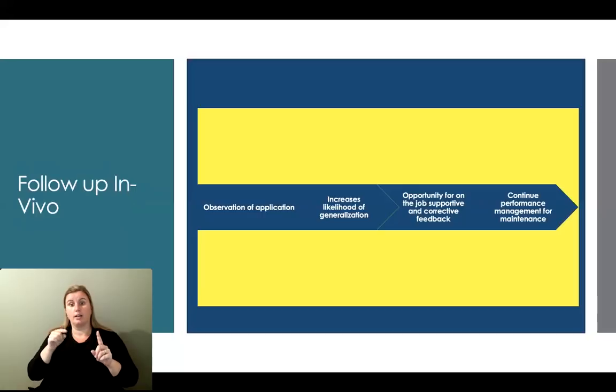The advantage of this is that we get to observe the real application of the procedure within the natural contingencies of implementation, or within the natural dynamics of implementation. It is likely to increase the likelihood of generalization of the skill. It's an opportunity for on-the-job supportive and corrective feedback. So the feedback actually continues post-training.